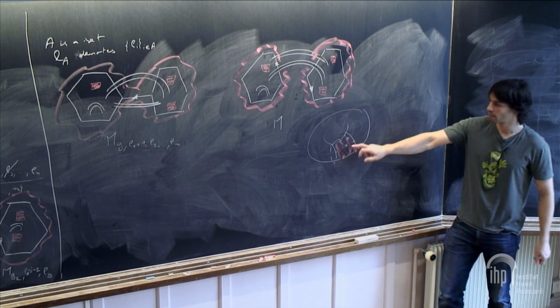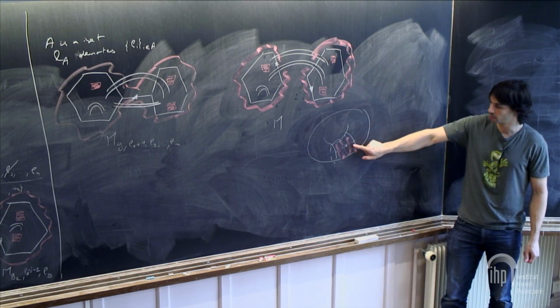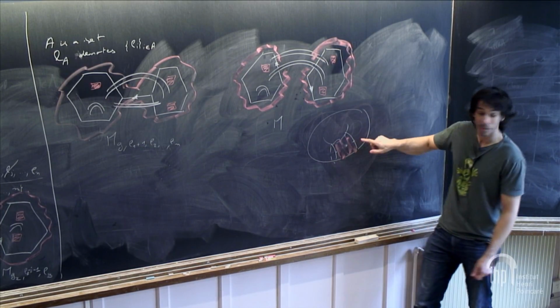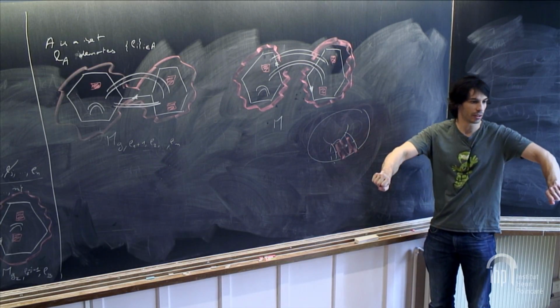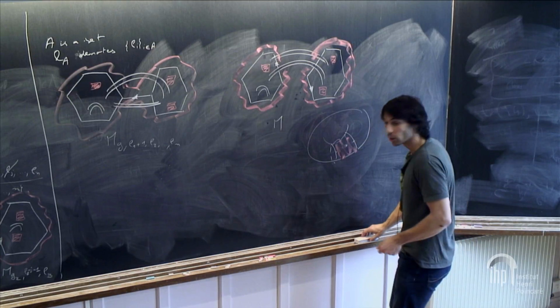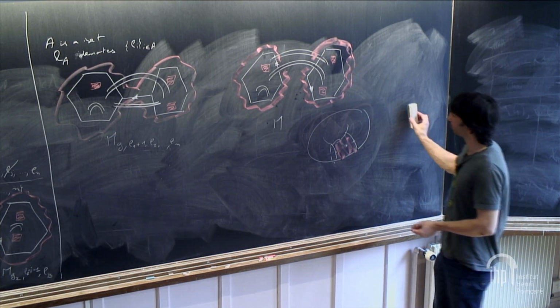Is it clear? So I've got the torus, I've got my marked face here, with my marked edge in the middle. If I remove it, I've got an annulus, and then I just cut it into two parts. So exactly the same procedure I did before.